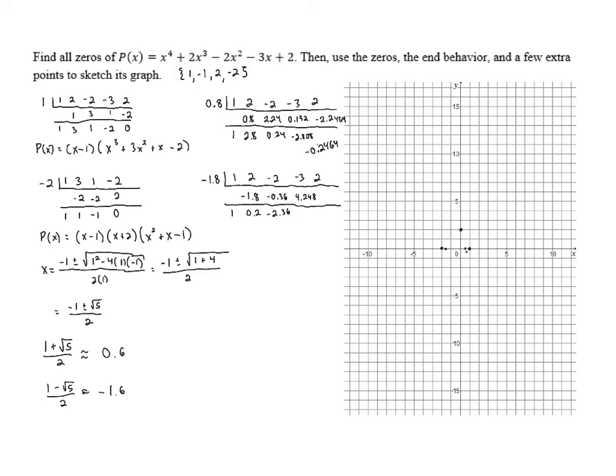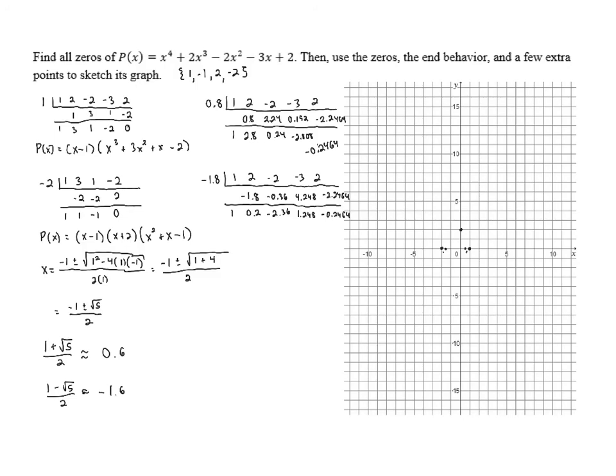We subtract 3 from that, giving us 1.248. We multiply by negative 1.8. That gives us negative 2.2464. And when we add 2 to that, we get negative 0.2464. So we end up getting the same thing that we got up there. And so again, this point is going to be just below the x-axis.